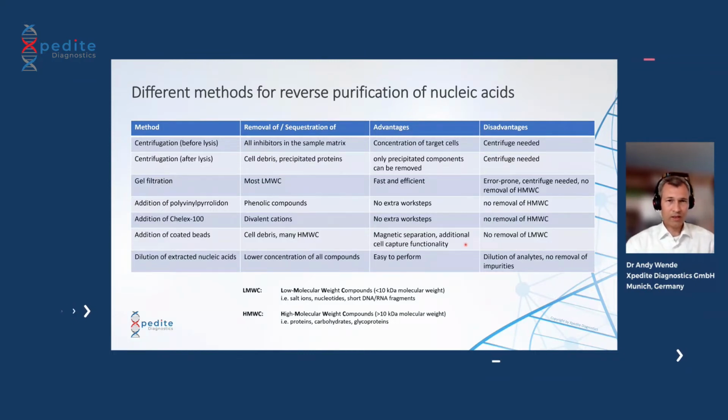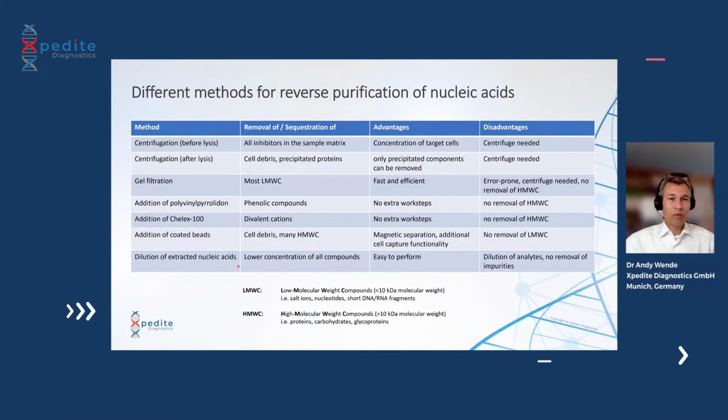You just need a magnetic stand. It's a very easy operation. And you will see later, it's nice that you can use these beads also for an additional cell capturing functionality, which provides you some additional value. The disadvantage of that method is it is not usable for removing low molecular weight compounds. So these beads cannot be used to remove high salt concentrations or short DNA fragments, those kind of things.